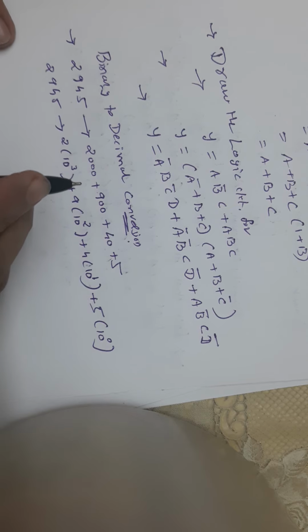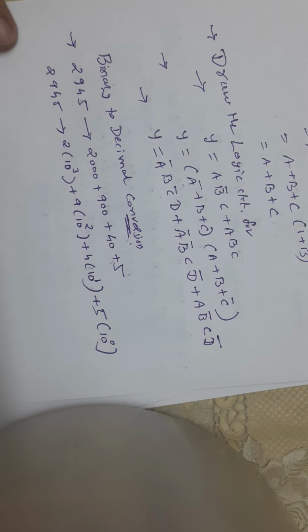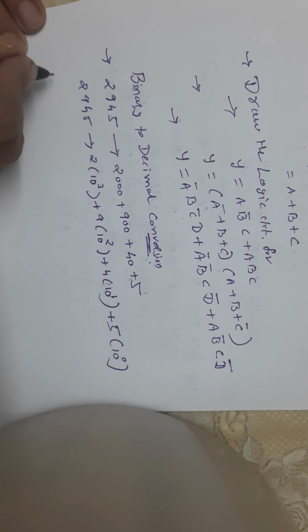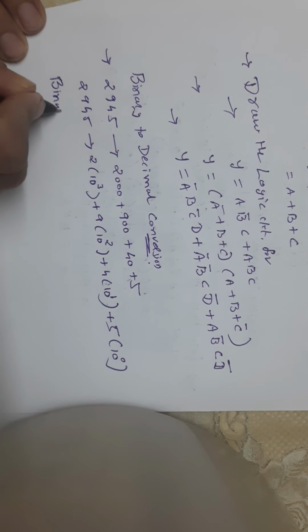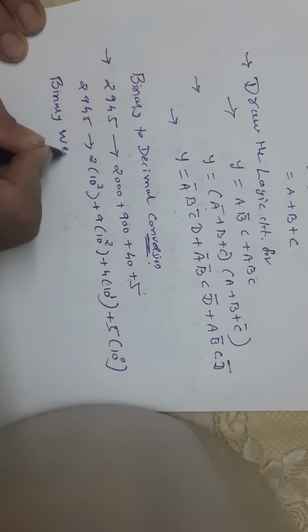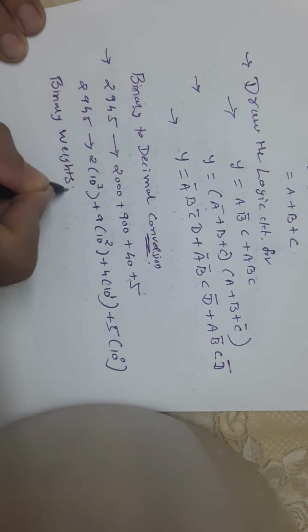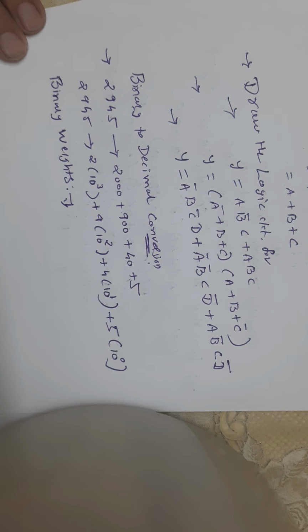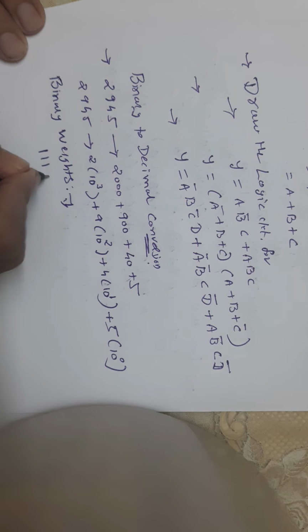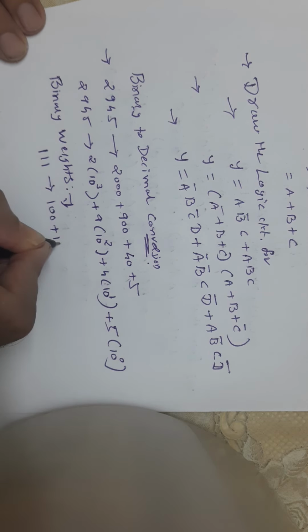Now binary weightage. In a similar way, we can rewrite any binary number in terms of weightage. For instance, binary number 111 becomes 100 plus 10 plus 1.